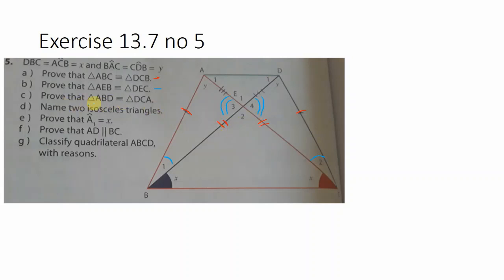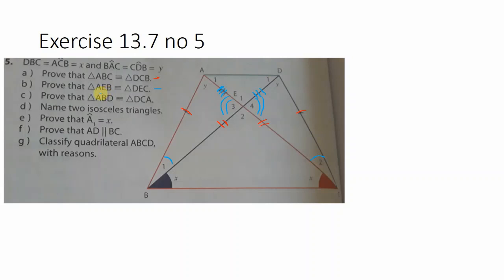So now that we know that, let's move on to number C, where we want to prove that triangle ABD is congruent to triangle DCA. Just before we do it, let's get back to the side properties. We haven't investigated those properly for the previous proof. So AE is equal to DE. We know that's also proven as true. Let's indicate those.